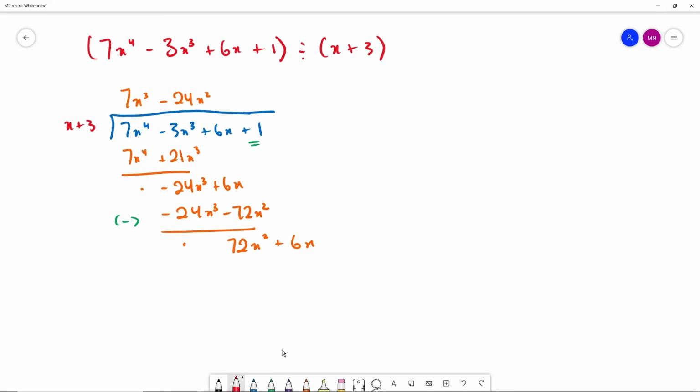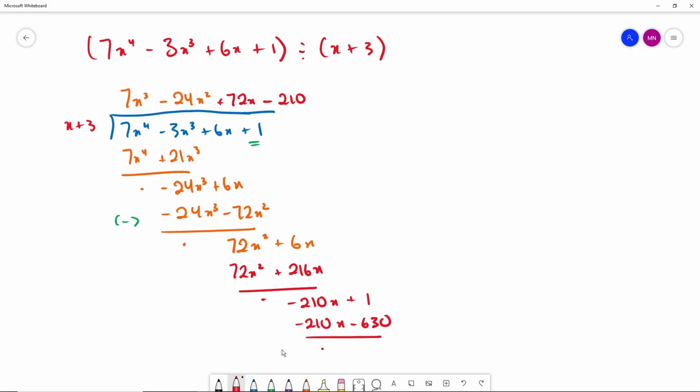What we do next is we take plus 72x, so it becomes 72x squared plus 216x. So we are left with negative 210x. Now we take down the number 1. So minus 210, we have negative 210x minus 630.